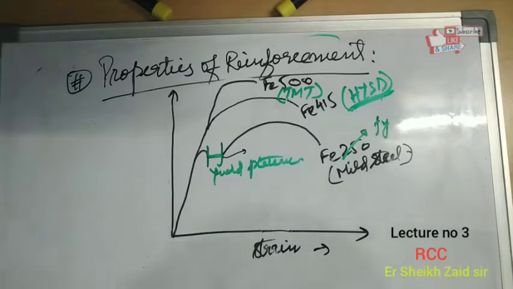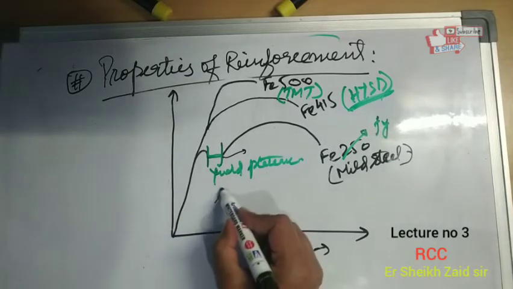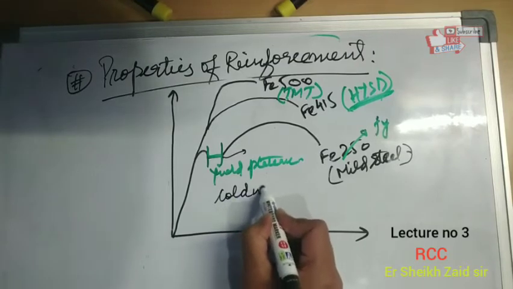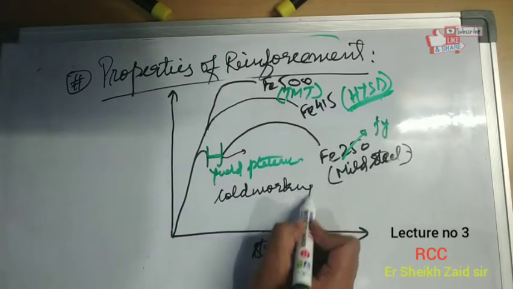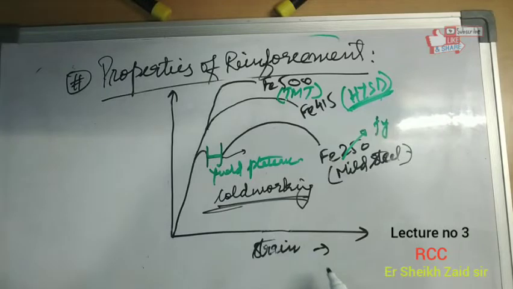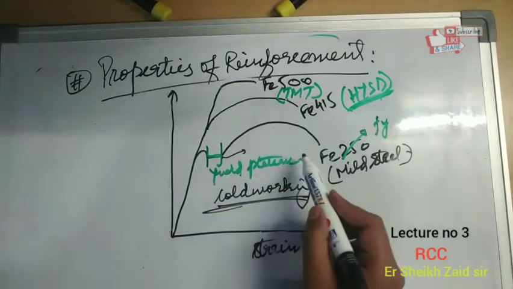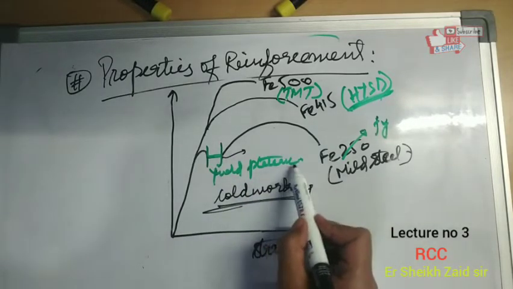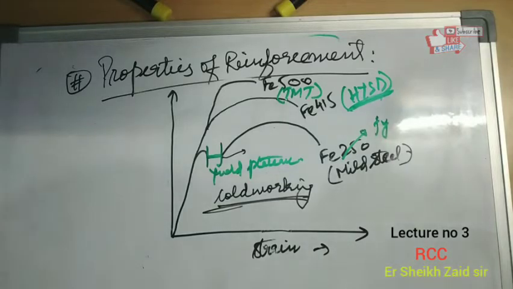This process is called cold working. So what is cold working? When the steel reinforcement is stressed beyond the yield plateau, either by stretching or by twisting, and then it is unloaded, it is called cold working.